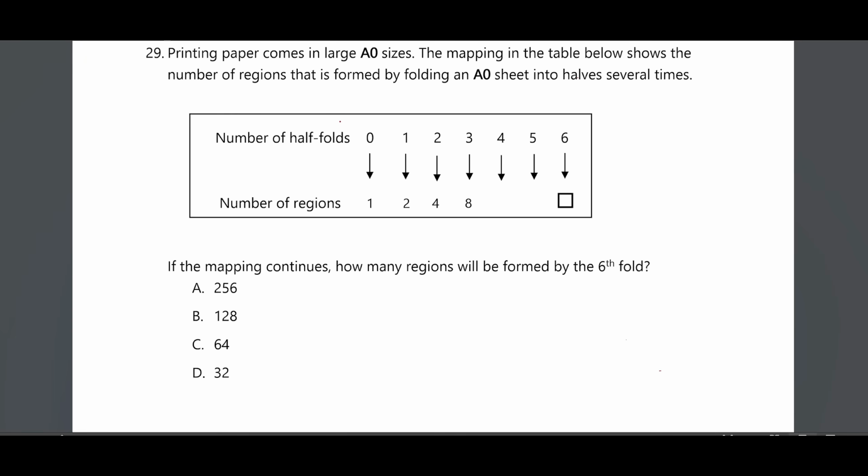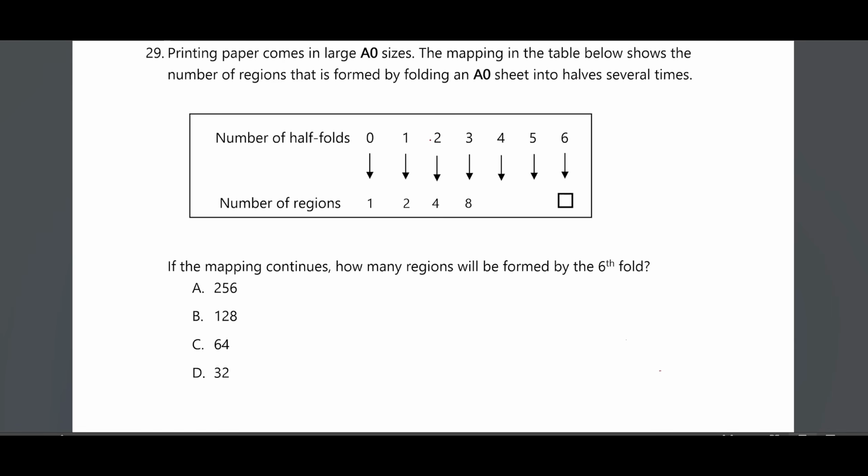So we have a large A0 sheet, that is the plain sheet that we use for printing, the large size. Now, when the sheet has not been folded, we have one plain region. This is very obvious. When it is folded once, we have two regions.